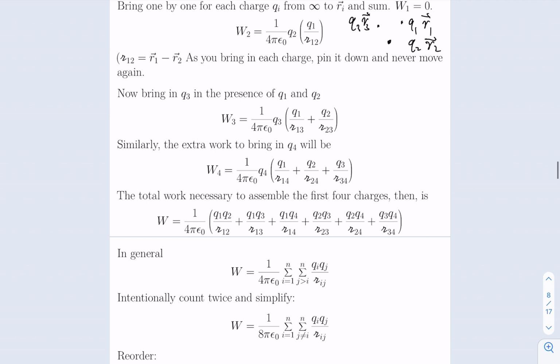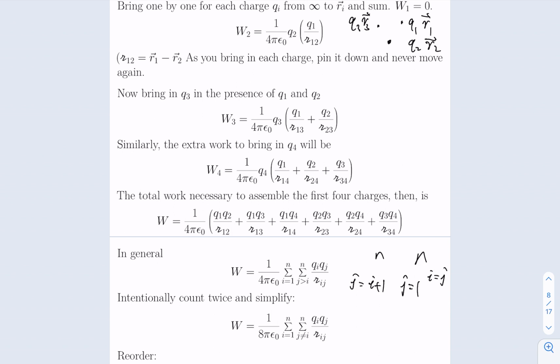So instead of summing j from i plus 1 to n, we simply sum j from 1 to n, but skip i equals j.